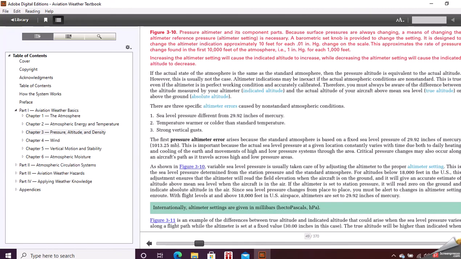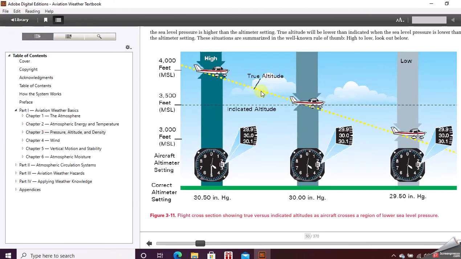So altimeter is what you all fly with, that you want to know the exact altitude you're at. So think about it. If you set your altimeter to 30 inches of mercury and you hit a spot where the pressure is higher, maybe you're going through high pressure, then you're actually going to be higher up in the atmosphere at that point than you would be if the pressure was lower. 30 inches of mercury would be a little closer to the surface.